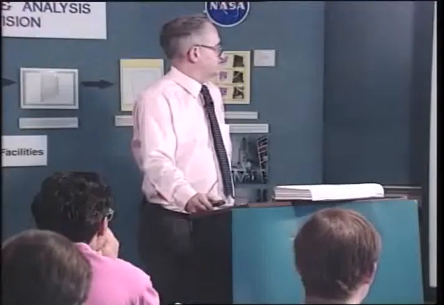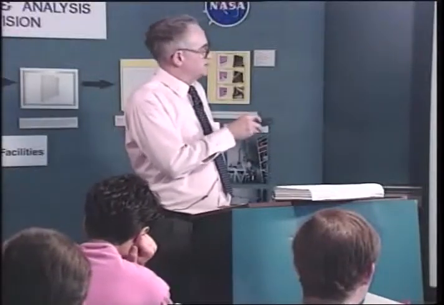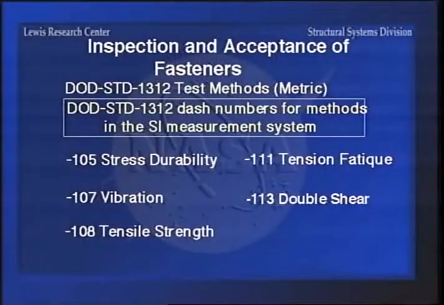Now, for the metric side, you have these that are covered, and for some reason they changed it to a DOD standard 1312 for the metric in order to differentiate from the Mil standard. And these are the ones that they have for testing of metric fasteners.